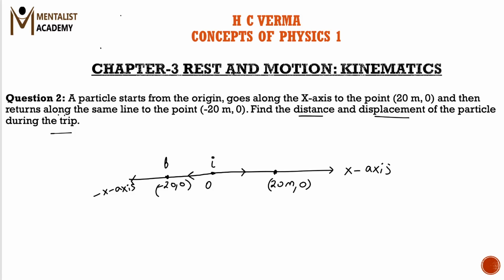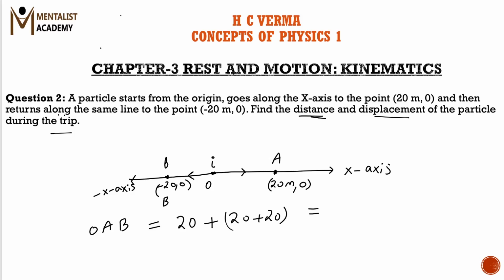So distance would be equal to the actual path length which the particle travels. So the particle travels from point O to point A and then towards point B. So the particle's path length is OAB, and this would be equal to OA is 20 and AB is equal to 20 plus 20, that is 40.